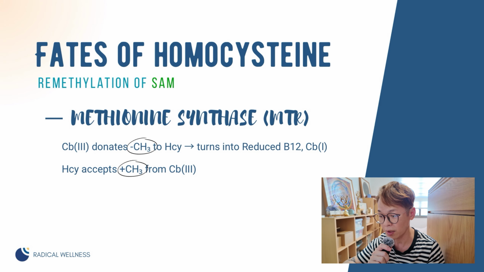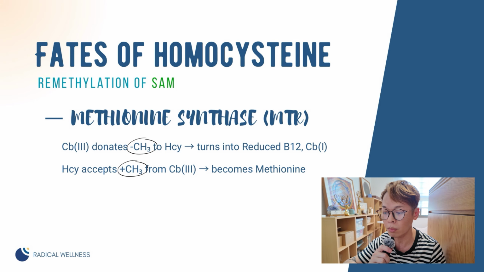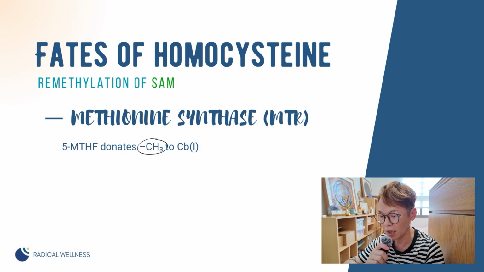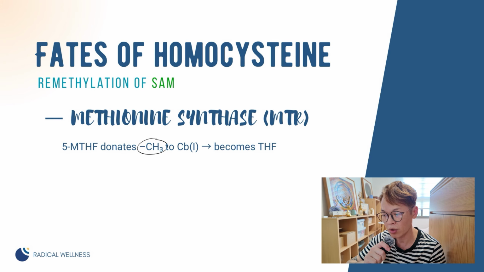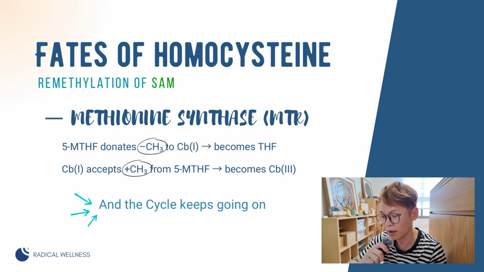Homocysteine will accept this methyl group from methylcobalamin and becomes methionine. Then 5-methylfolate comes in and donates a methyl group to the reduced B12 and becomes tetrahydrofolate. The reduced form of B12 will accept a methyl group from methylfolate and becomes methylcobalamin again, so that it can actually join into the cycle again.